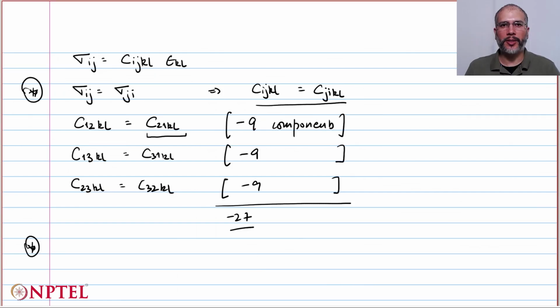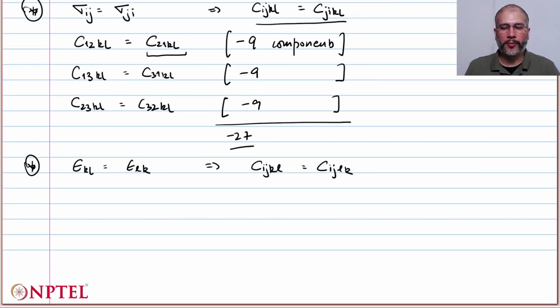Now let us look at the case where the strain tensor is symmetric. Since epsilon_kl is epsilon_lk, this will imply that C_ijkl is C_ijlk. Now with the same brute force logic, we can see that C_ij12 is C_ij21.